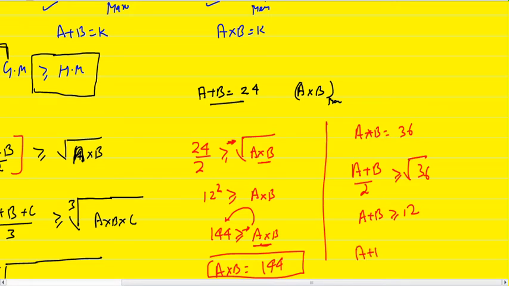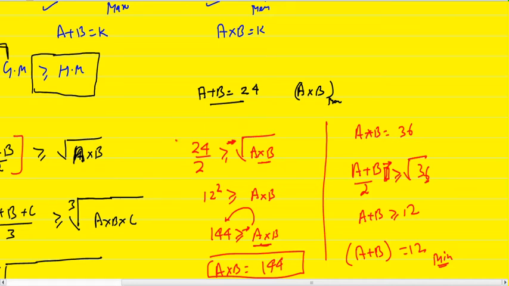That means when you make it equal to 12, you are assigning it the minimum value possible. Understand, additions are on the upper side. This is the larger value than root of 36, so when it becomes equal, it takes the minimum. That is the reason additions are minimized, because they are on the upper side, and products are maximized because they are on the lower side.